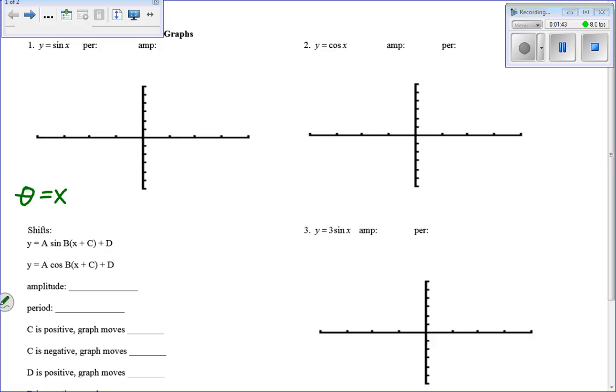All right. So your A value is your amplitude, and that is half the distance from the maximum and minimum.